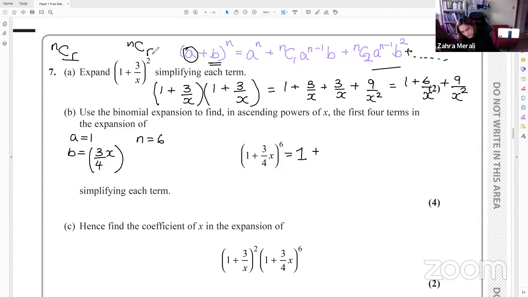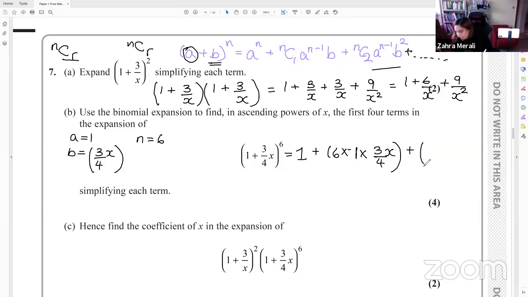So you would press 6C1, which gives you 6, times A, which is 1, to the power of 6 minus 1, which is 5. So 1 to the power of anything is 1, so that's just 1, times by your B, which was 3/4 x.